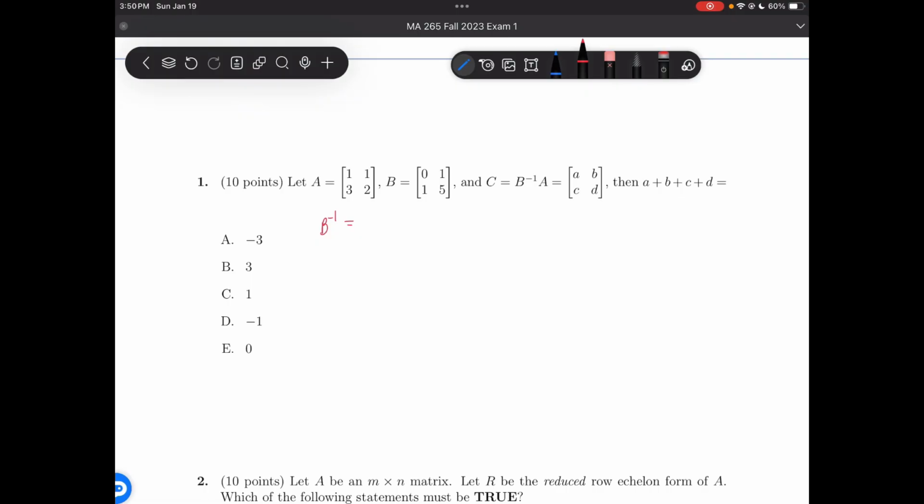Okay, so to do this, we need to remember the formula for the inverse of a matrix.